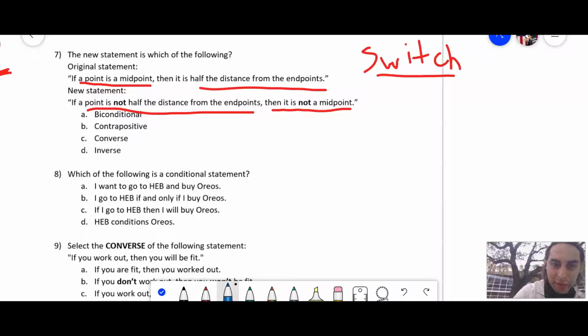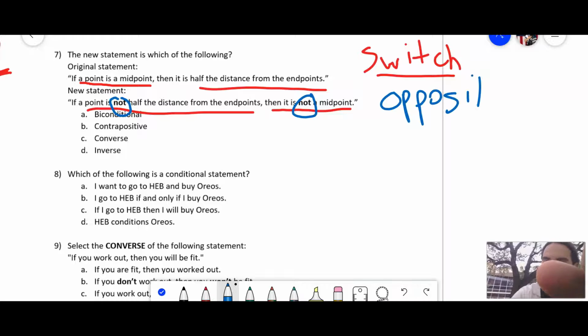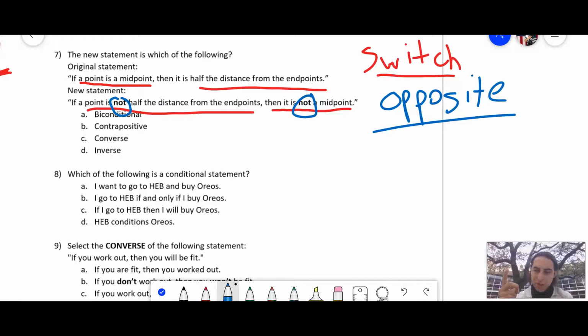Did you see what happened here? It said a point is a midpoint. Now it says it's not a midpoint. And it said is half the distance to the endpoints. Now it is not half the distance to the endpoints. So it's also opposite. So there's two changes. There's a switch and they're opposites.